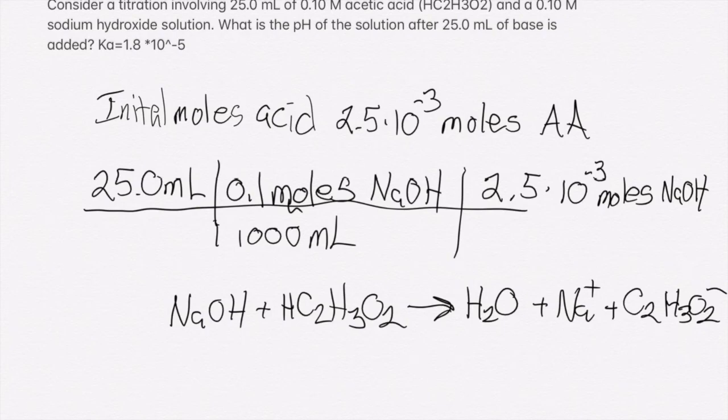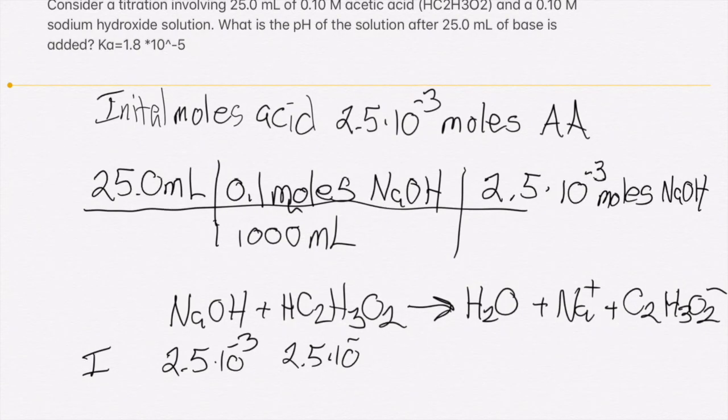So at the equivalence point, we no longer have any sodium hydroxide. That is, if we just take an initial point of view, we had 2.5 times 10 to the minus third moles of sodium hydroxide. We had 2.5 times 10 to the negative third moles of acetic acid. We didn't have any of these.